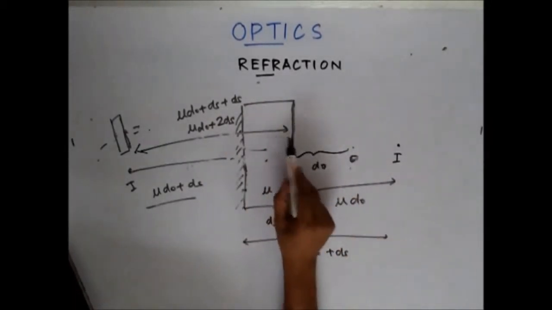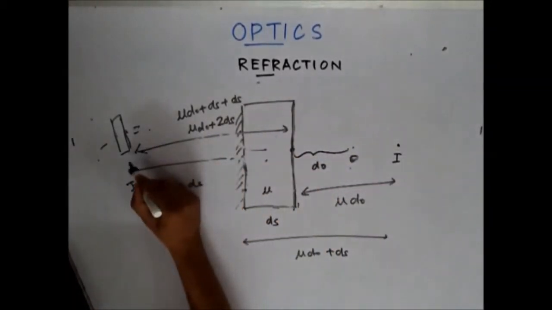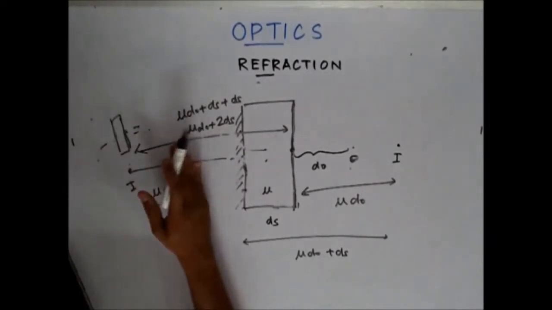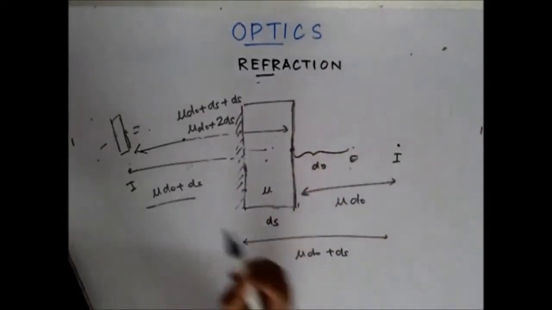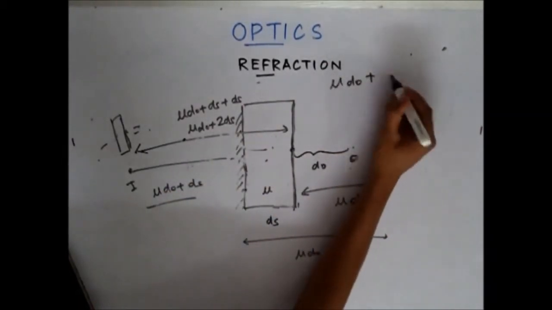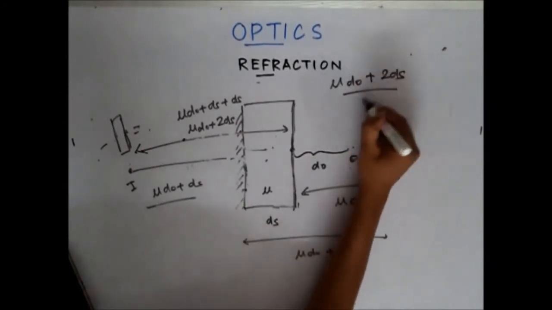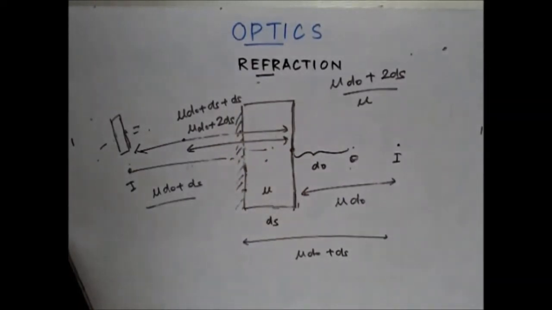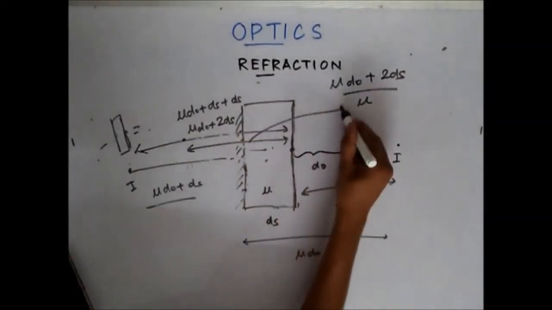So where is the image formed? This object will form an image, and the image will now be shifted towards the surface because it's denser to rarer medium, and the position of the image will be this divided by mu. This distance is given by this.